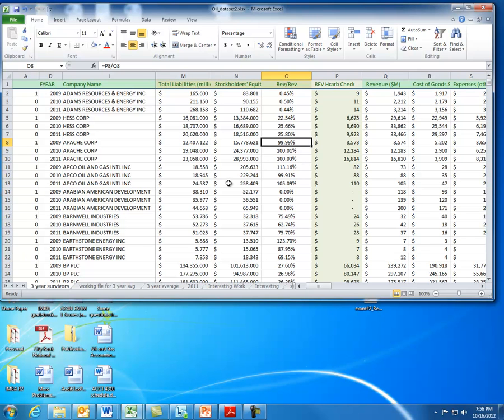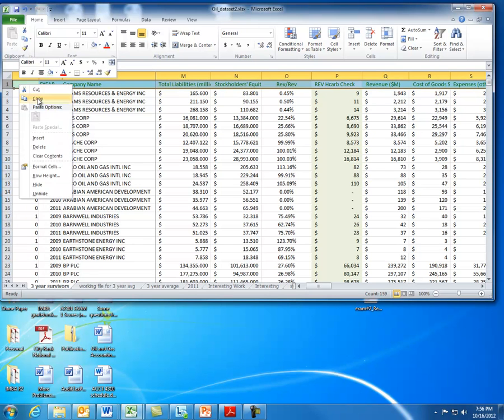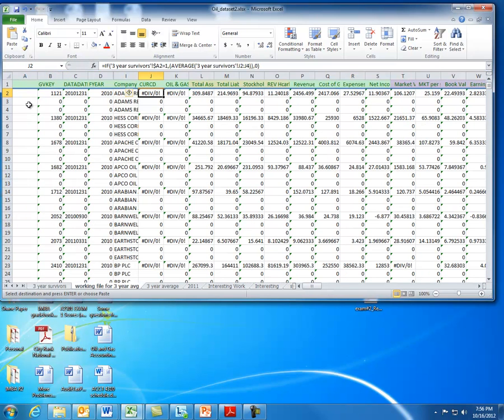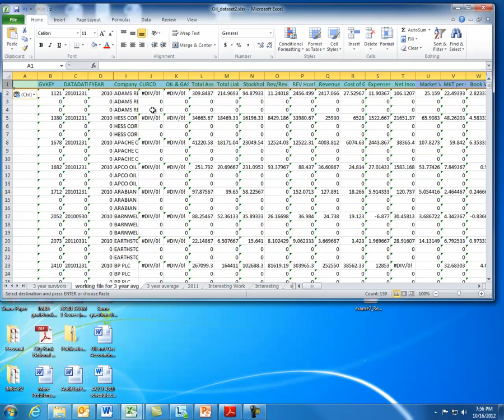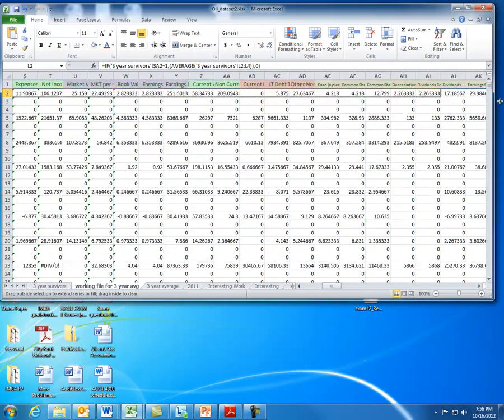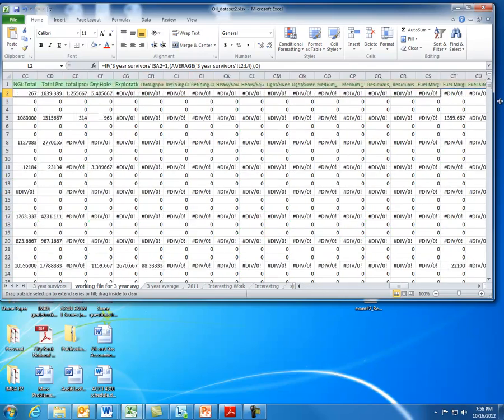Just mechanically, if you make insertions into this worksheet, what you want to do is copy your headings, because you're going to have new headings on the working data sheet, and then drag the formulas out.